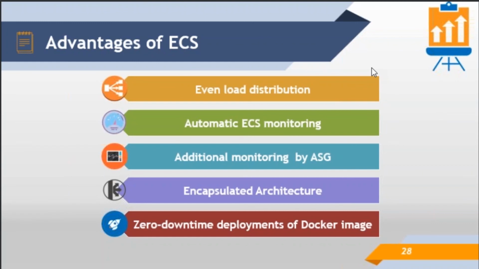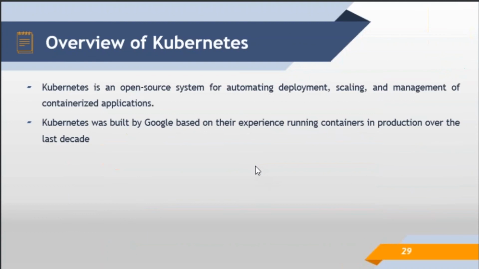These are a few of the advantages, just to summarize for your help: you can perform even load distribution across your whole ECS cluster. You can perform automatic ECS monitoring, and the best tool for this is Amazon CloudWatch, which we use to monitor our cluster very closely. There is additional monitoring provided by the auto-scaling groups.